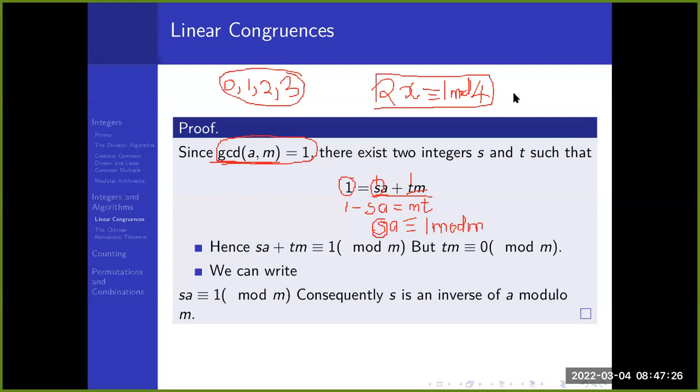And the reason it doesn't have a solution is because the GCD of 2 and 4 is not 1 actually. GCD of 2 and 4 is equal to 2. So you cannot solve this problem. You can't find x, an inverse of 2 modulo 4. It can only work if this condition is satisfied.